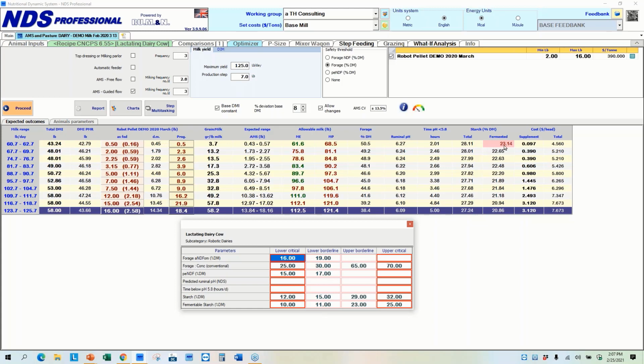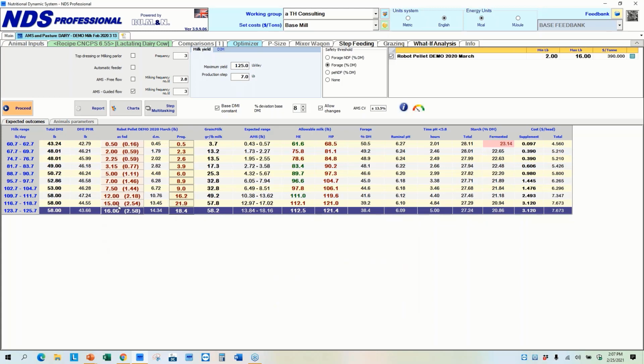So yes, in that system, the fermentable starch at 23.4 is showing right here as my upper borderline. It crossed that, so I have a pink. If it crossed the upper critical threshold, it would be red. So you can see that.